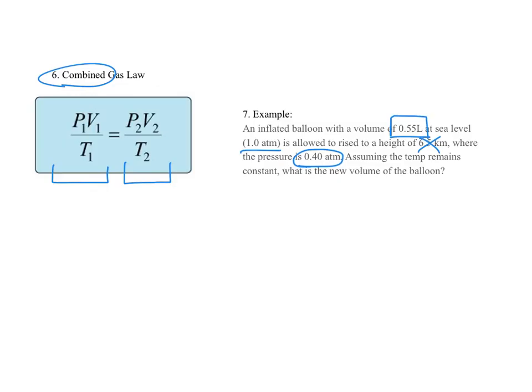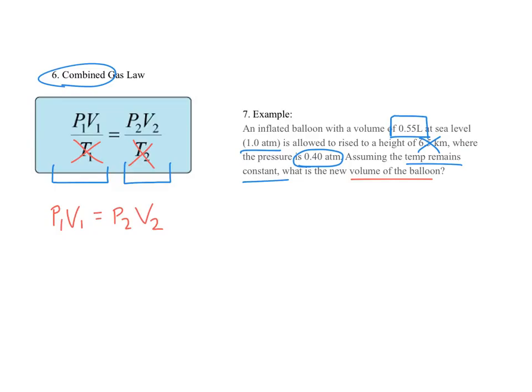So assuming the temperature remains constant, that's important, we then need to calculate what the new volume of the balloon is. If the temperature remains constant, then using this combined gas law equation, anything that stays constant can just be crossed out, and the equation you're going to use is whatever you have left over, which is P1 V1 equals P2 V2.